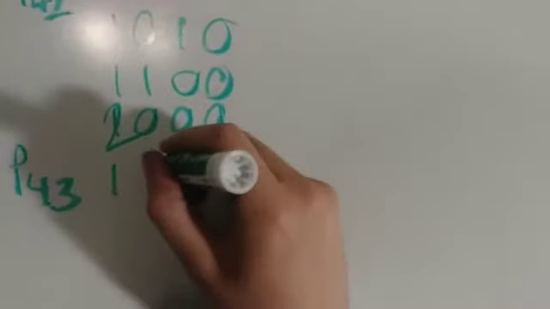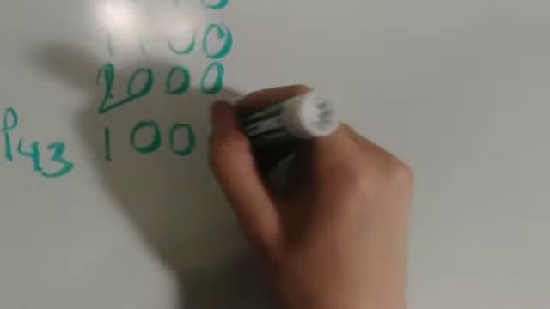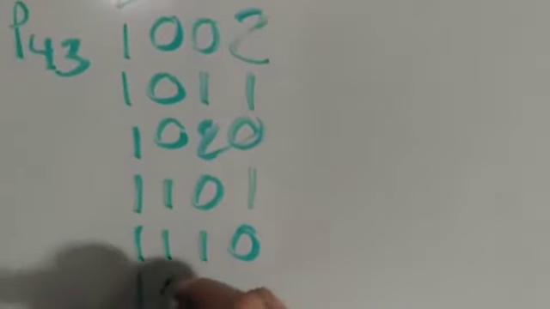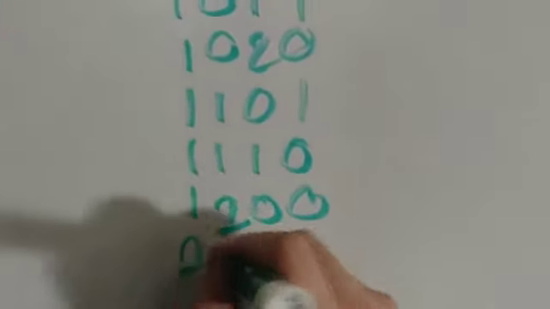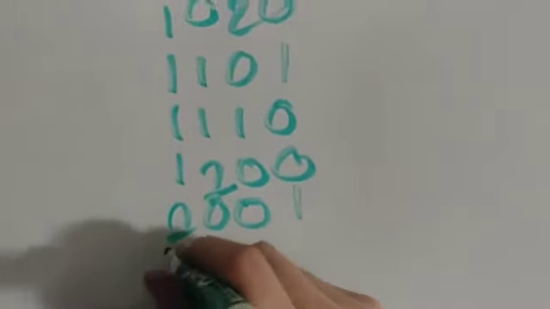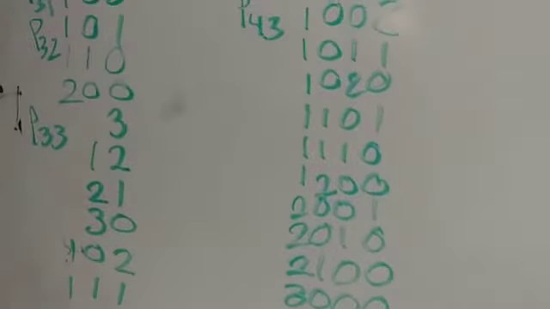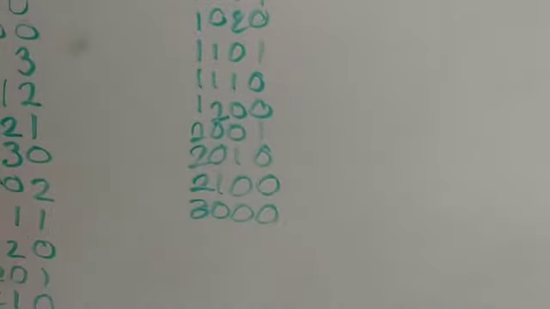P43 is 1002, 1011, 1020, 1101, 1110, 1200, 2001, 2010, 2100, 3000. And if you haven't figured out the pattern in this counting yet, then just look at it.